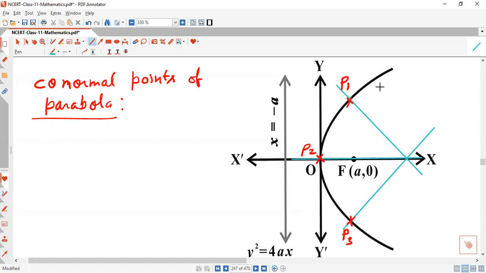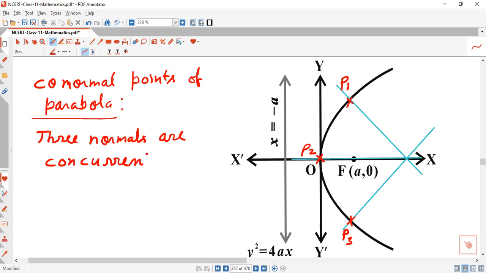These three normals are concurrent. It means they are passing through a single point.